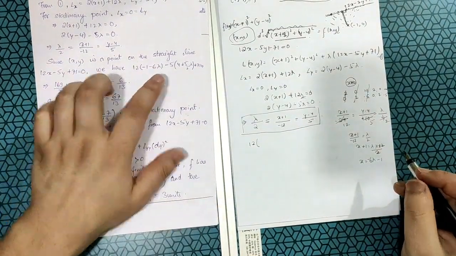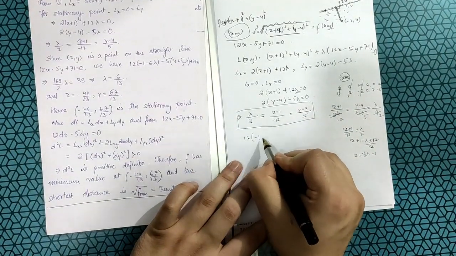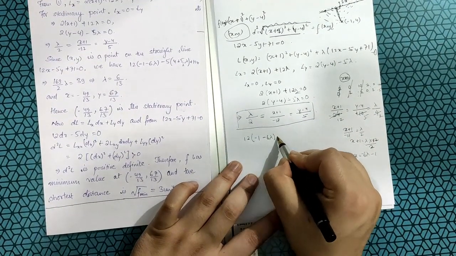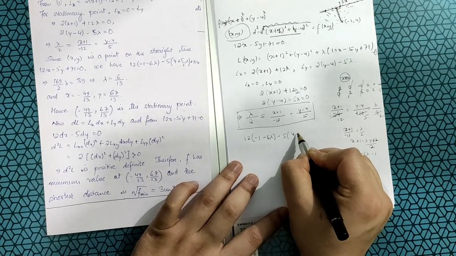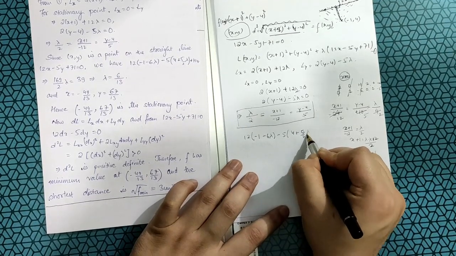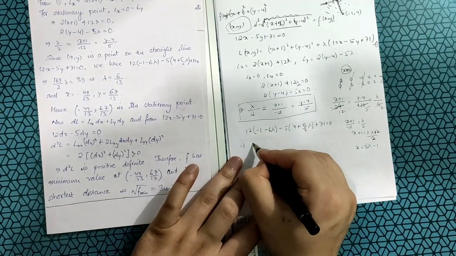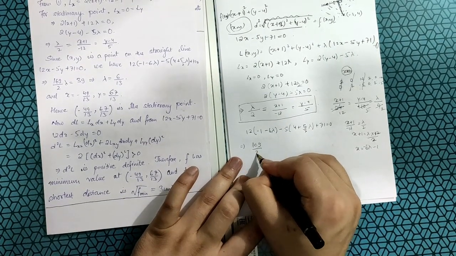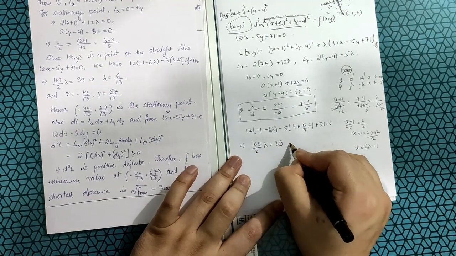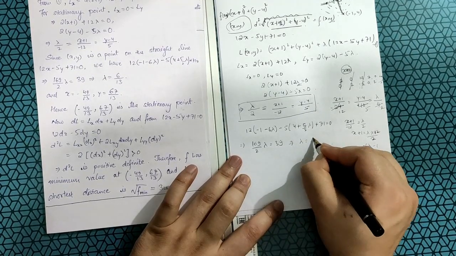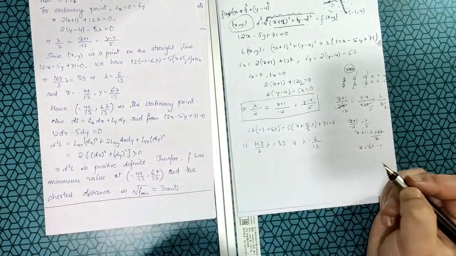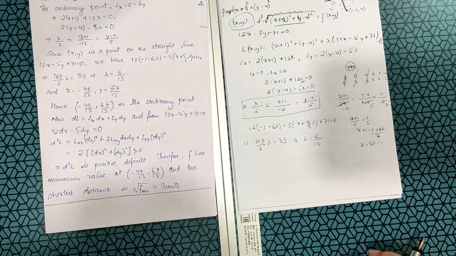So we put that value. So this minus 1 minus 6 lambda minus 5, again we can find this value, plus 71 is equal to 0, and what we get is 169 by 2 lambda is equal to 39, or lambda is equal to 6 by 13. By simple calculation we'll get this.